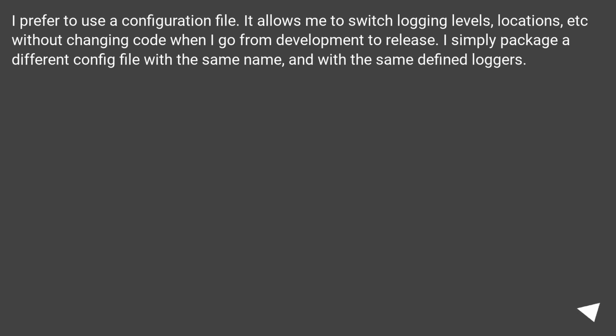I prefer to use a configuration file. It allows me to switch logging levels, locations, etc. without changing code when I go from development to release. I simply package a different config file with the same name, and with the same defined loggers.